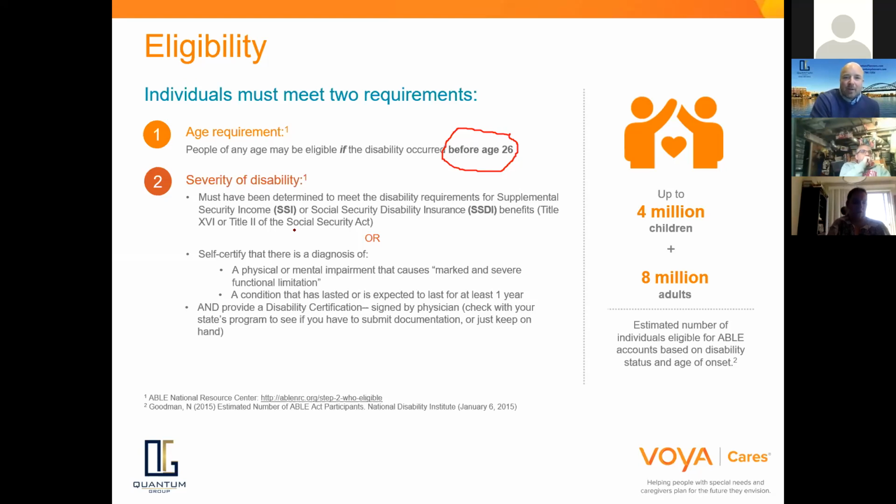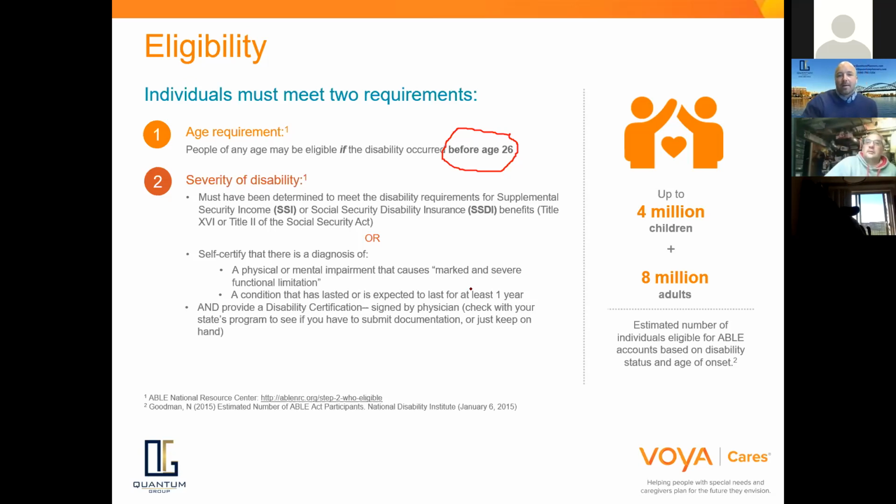The other portion is if you technically don't qualify right now for SSI or SSDI, but you have a physical or mental impairment that's marked severe or is expected to be essentially permanent and last for at least a year, and you can provide a disability certification by a physician, then you would also qualify for the severity of disability portion. So there's two main requirements: an age requirement and a severity of disability requirement.